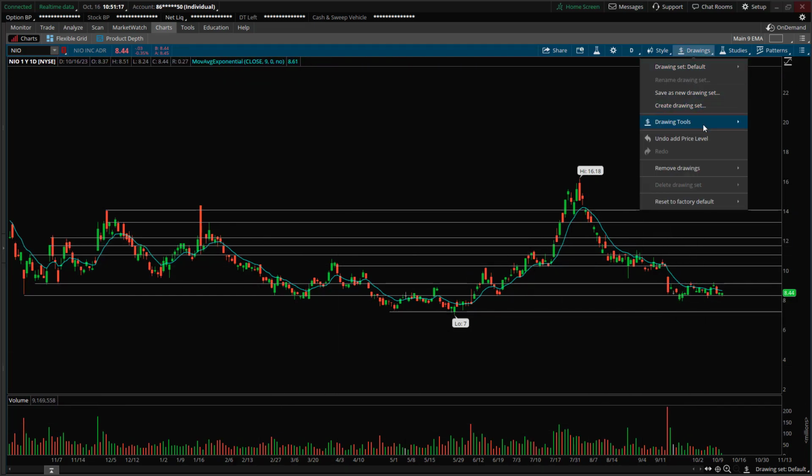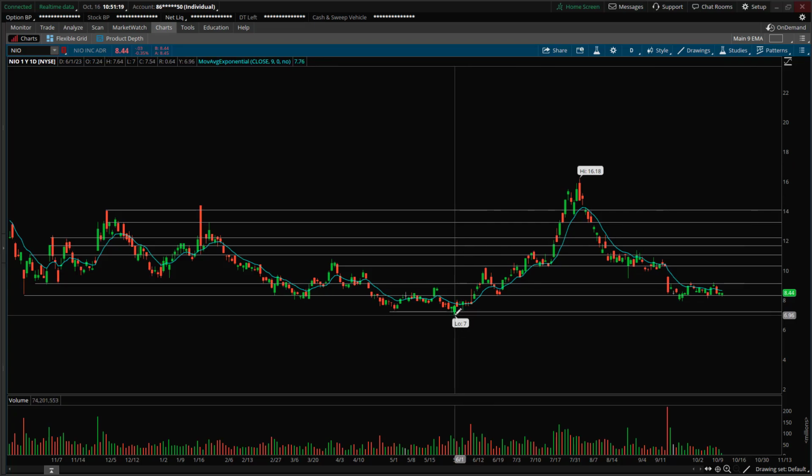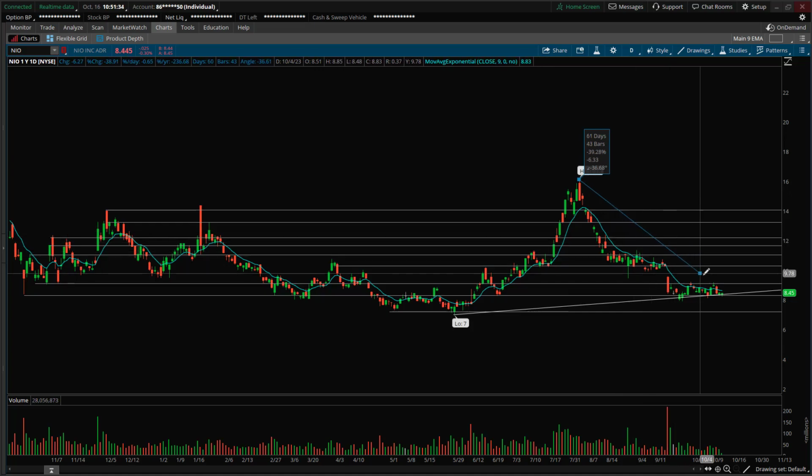Then you could do angular support and resistance, depending on what the stock's looking like right now. Here's some angular support right out over here. Right now, it's like a descending triangle-ish pattern.